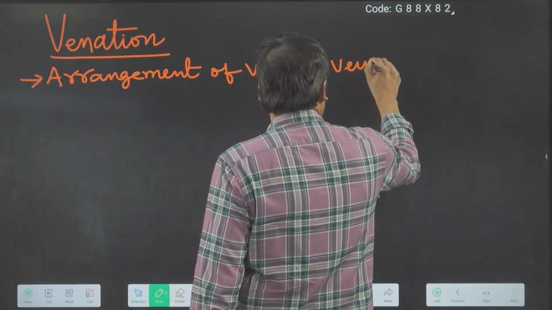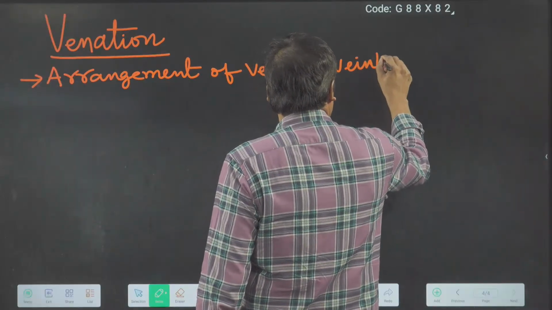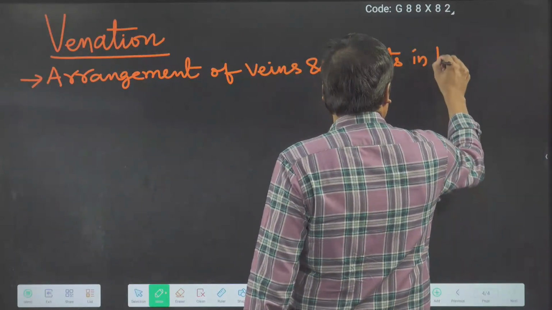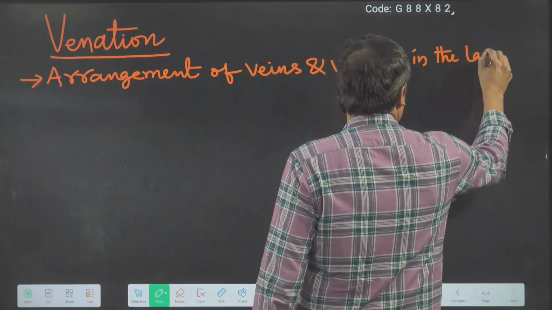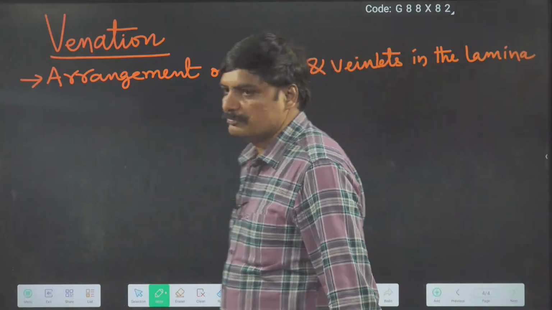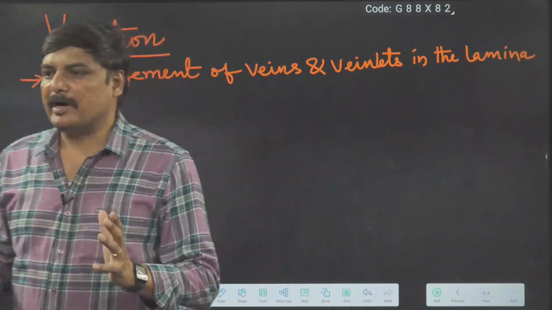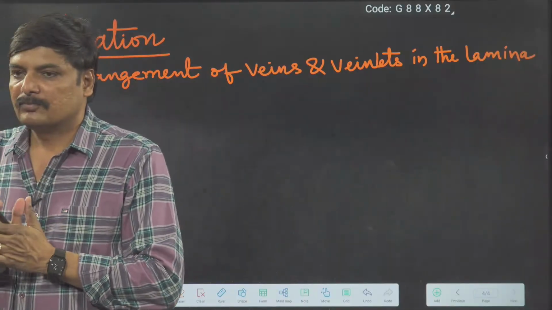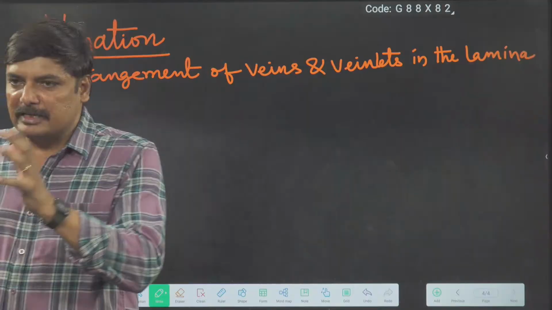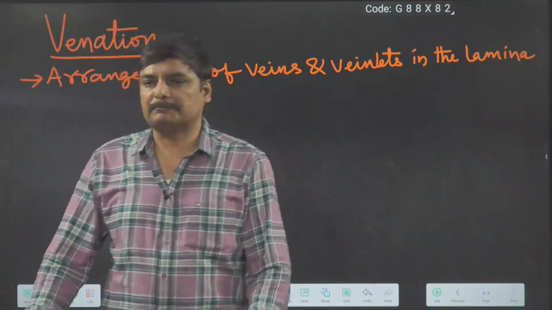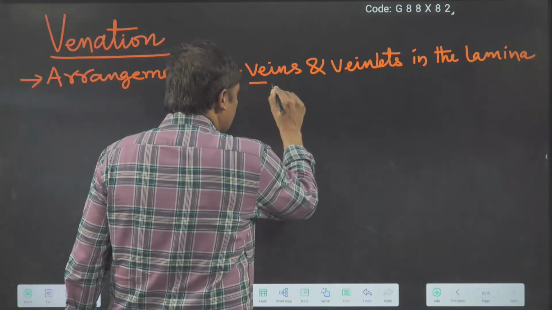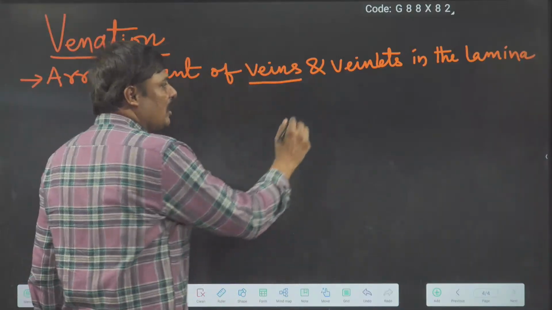Arrangement of veins and veinlets in the leaf lamina is known as venation. What is meant by venation? Arrangement of veins and veinlets in the lamina is called venation. What are veins? What are veinlets?